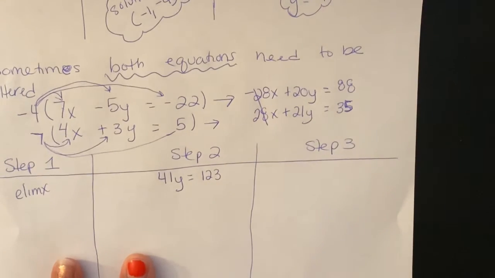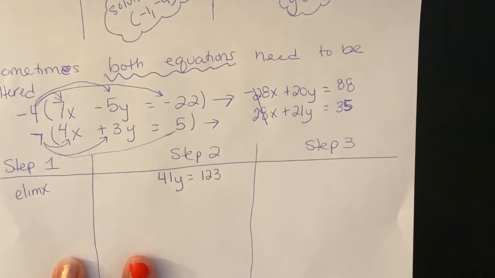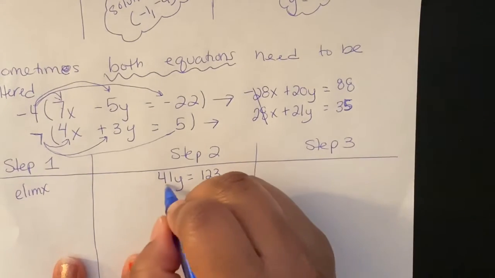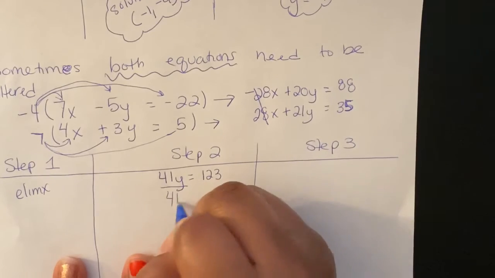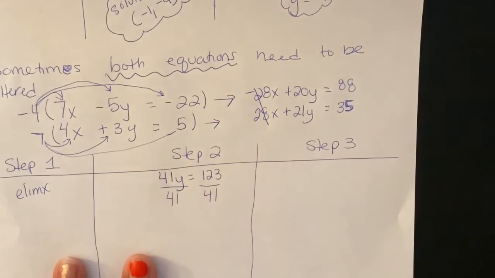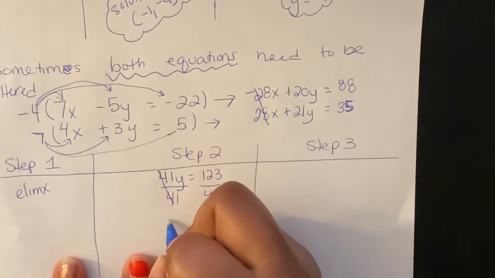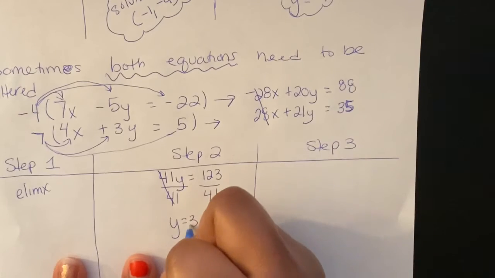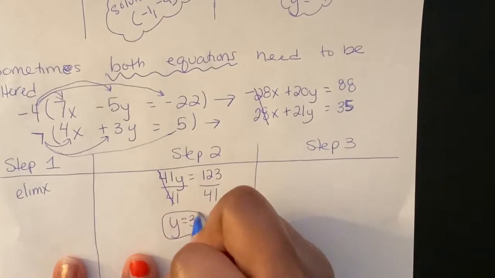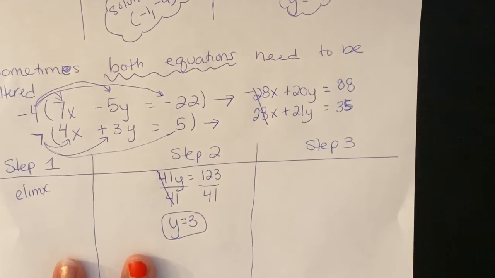Do not be intimidated by the big numbers or the decimals. You might get big numbers sometimes. So in order to get y by itself, I divide by 41 on both sides. And 123 divided by 41 is 3. So that's my y coordinate in my answer.